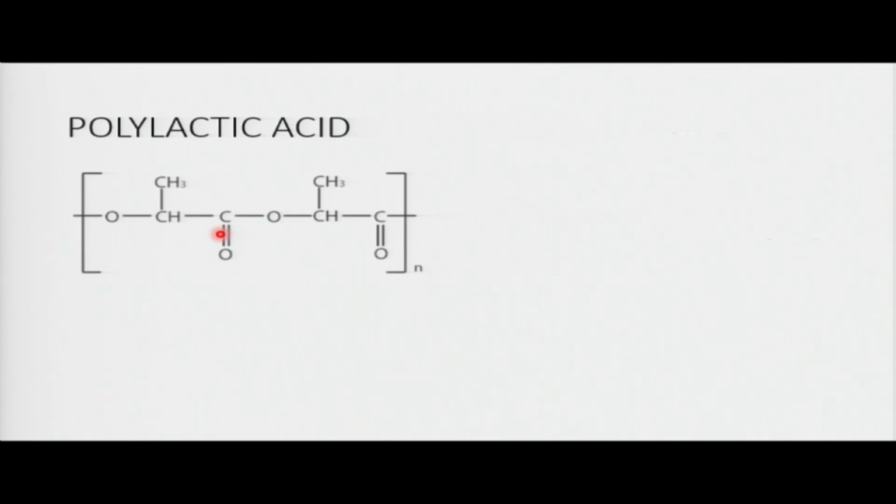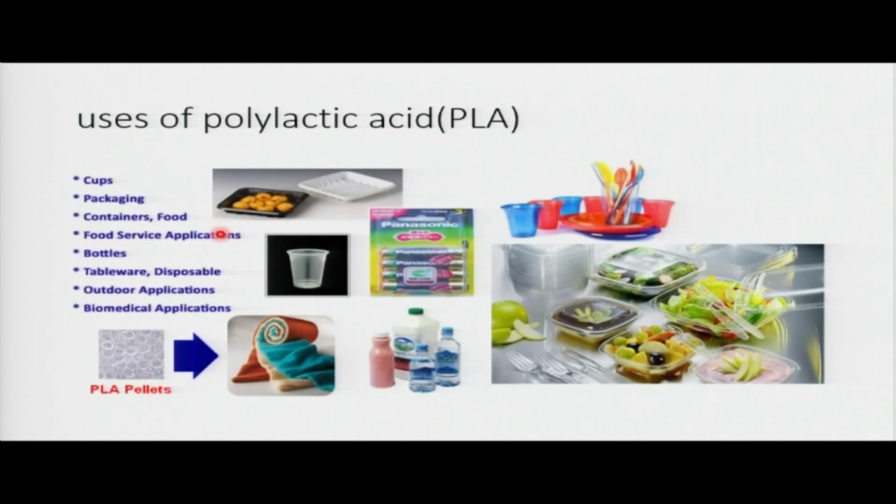So let's continue. We are also going to give the uses of polylactic acid as an ester or as a polyester. The good thing about polylactic acid is that it is biodegradable.